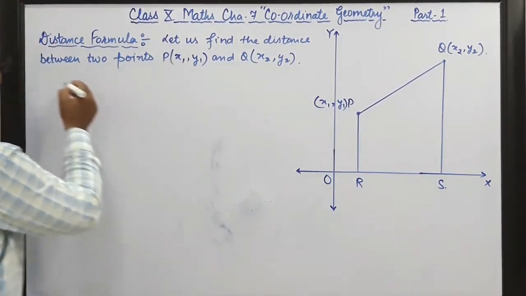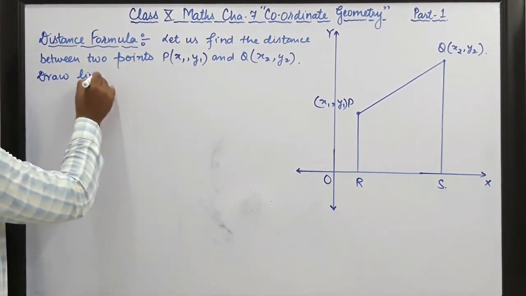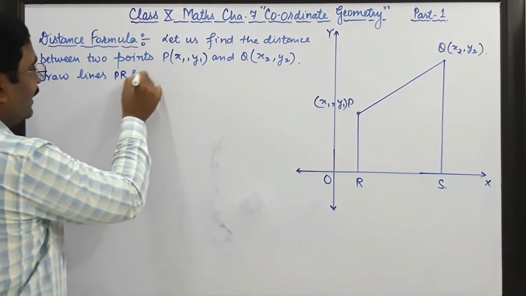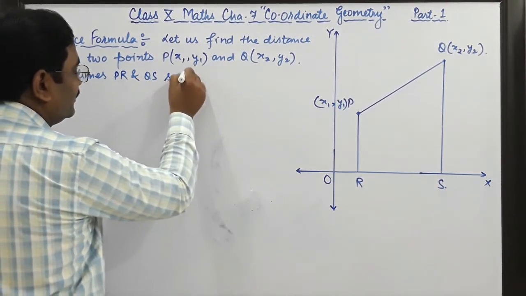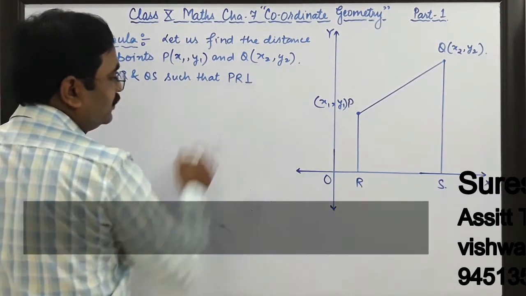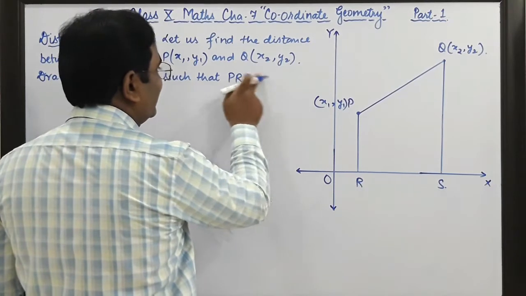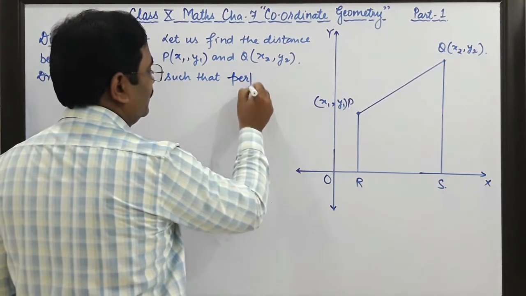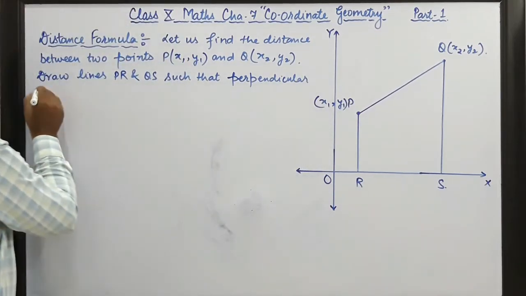So draw lines PR and QS such that they both are perpendiculars on the x-axis.